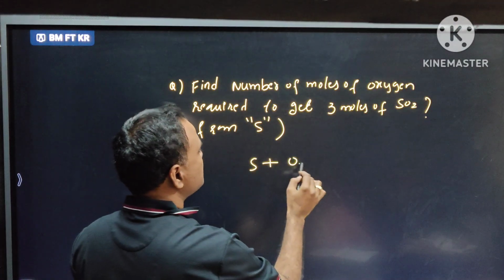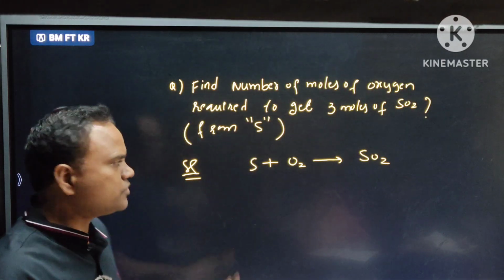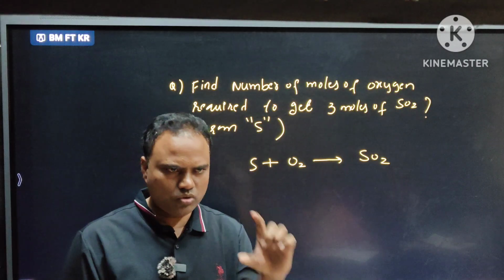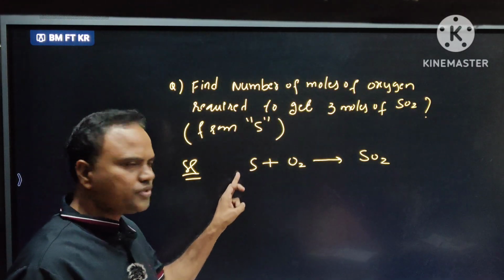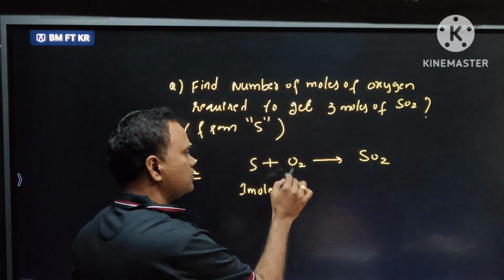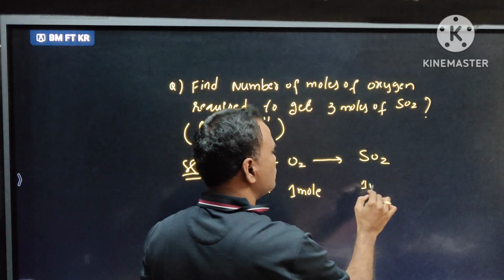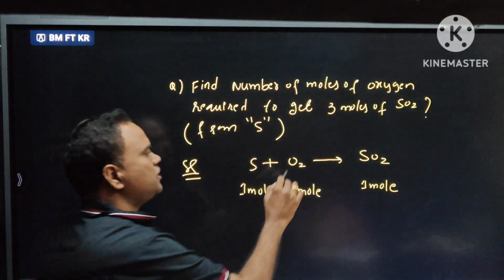What is the reaction? S plus O2 gives rise to SO2. First of all, see how to write the moles. Moles are nothing but the coefficients in the reaction. What is the coefficient here? 1. 1 mole of sulfur, 1 mole of oxygen, 1 mole of SO2. So the question is related between these.